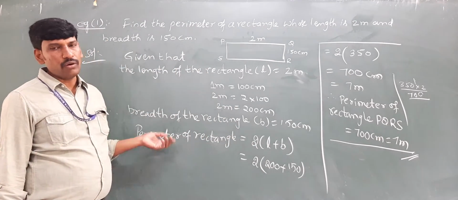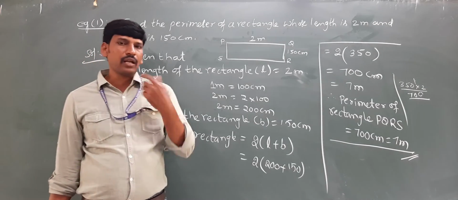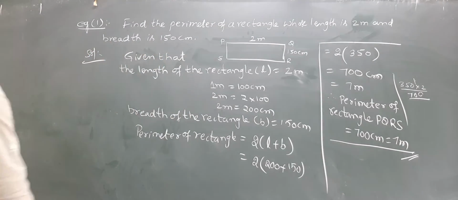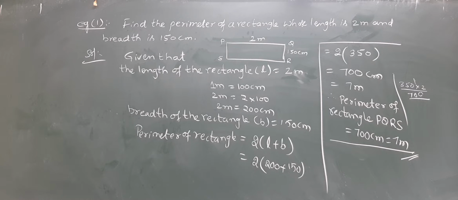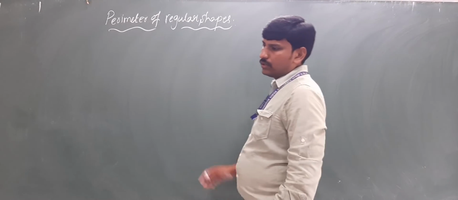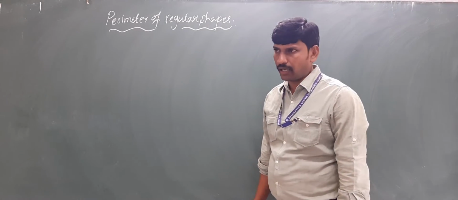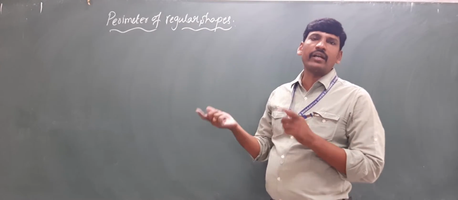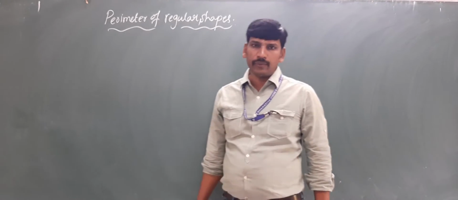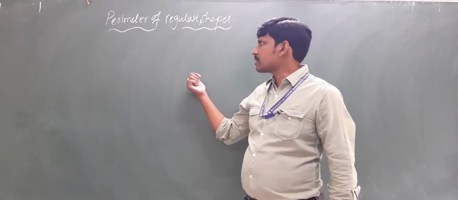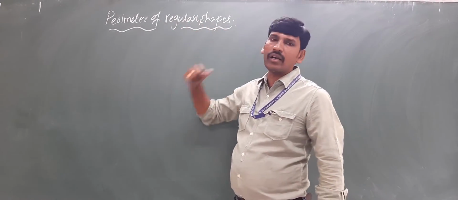Now let us discuss perimeter of regular shapes. I hope you understood in the previous example how to find the perimeter of a rectangle when dimensions are given in different units.